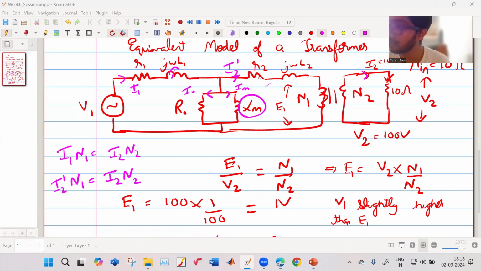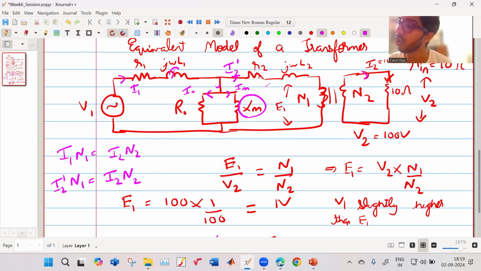There is this drop due to the resistance and leakage inductance. There is some current which will flow because of the core loss and because of the magnetizing current, which is required to set up the magnetic field in the transformer. Then there's another voltage drop due to the resistance and leakage inductance of your secondary coil.